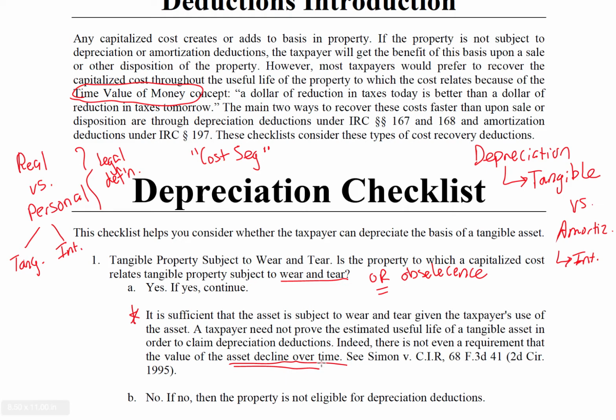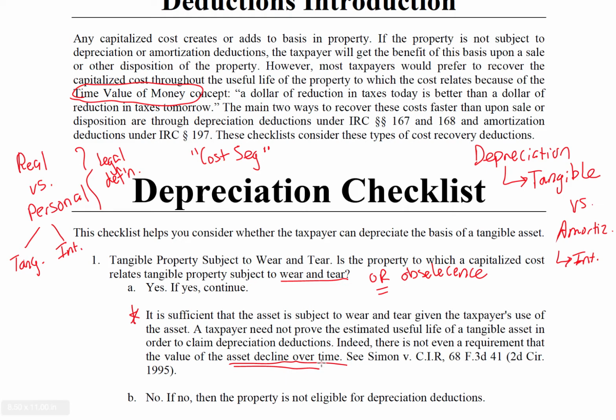The Internal Revenue Service argued that it could not be depreciated because the value did not decline. It was actually a rare item. This musician was playing with this bow, many hundreds of years old, on the violin, and the court said, as long as the taxpayer can show us that it has some wear and tear in some way, we'll allow it.